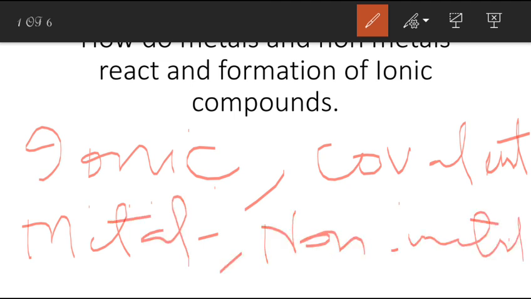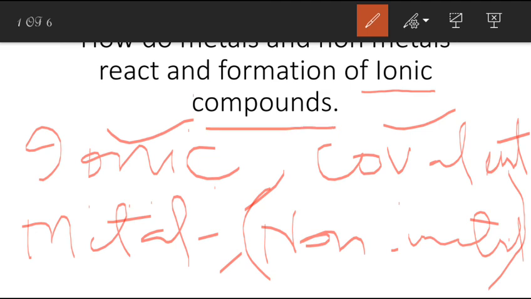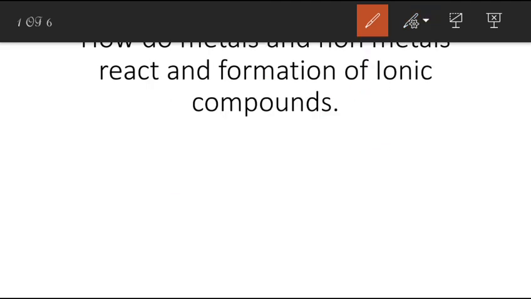When a metal reacts with a non-metal, an ionic compound is formed, but when only non-metals react with each other, they form a covalent compound. Here our main topic is how metals and non-metals react and how ionic compounds are formed. So I will discuss it.